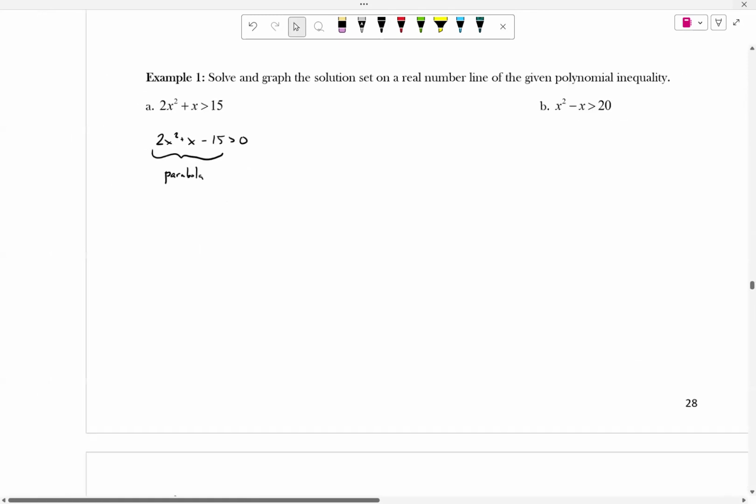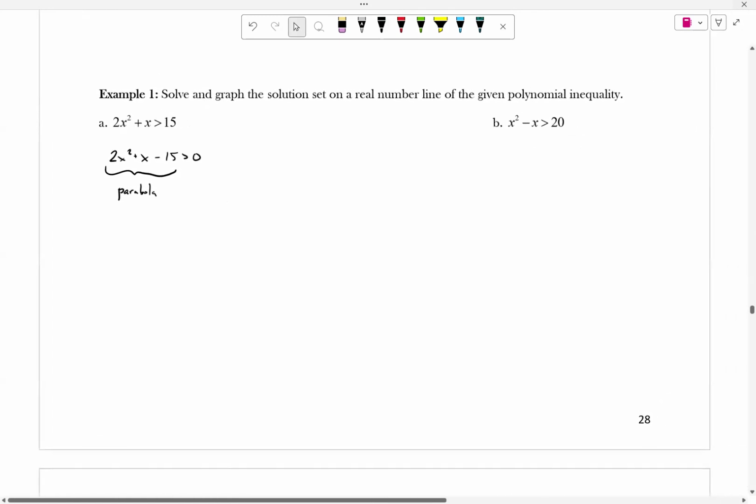I'll give you minutes to do A and B. I think you could already do these. Check in with your neighbor as you answer each one.